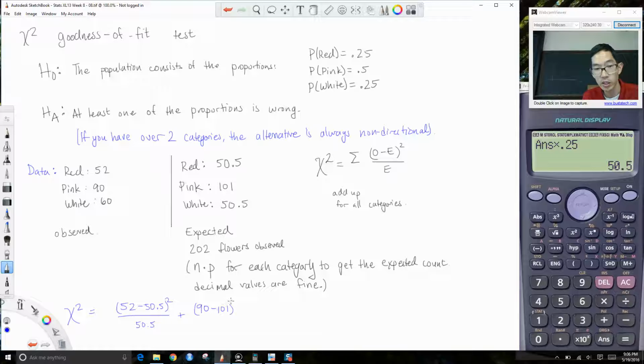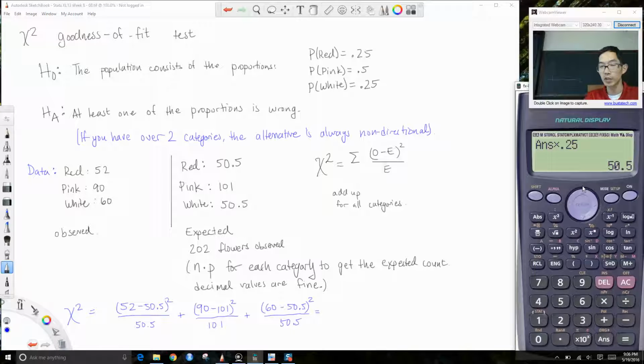Square that difference divided by what we expected. And as far as white flowers go, I observed 60. Take off the expected, square that and divide by the expected. Okay, and we're going to add these up and we're going to get a chi-squared test statistic value here.